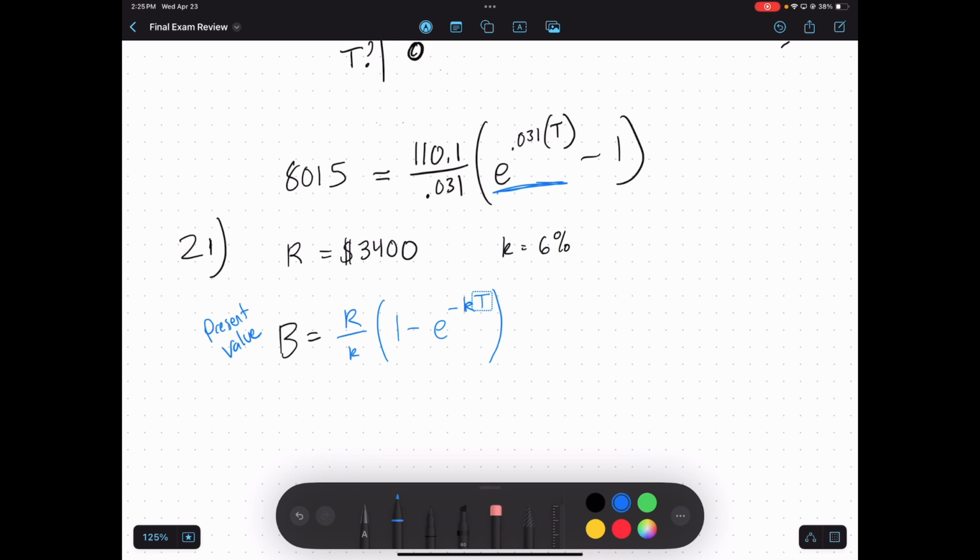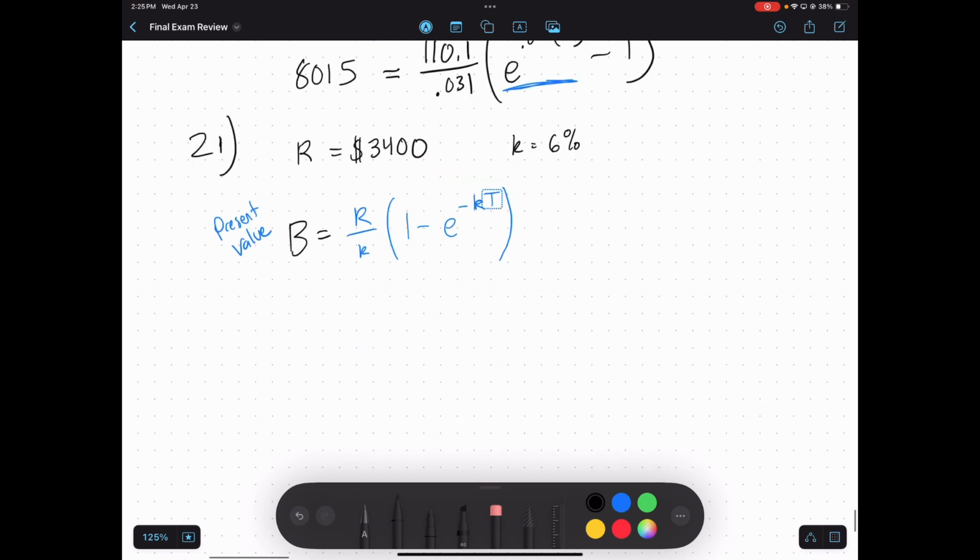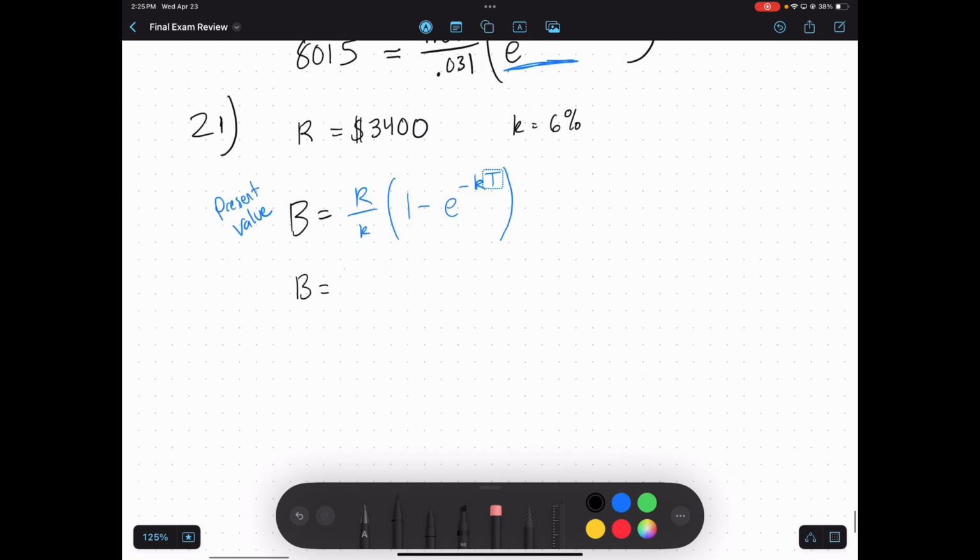So you end up with this times 1. So in our case here, present value is equal to 3,400 divided by 0.06, which is 56,000 and then you've got some repeated sixes. So that's my present value. Awesome. Okay. Moving along.